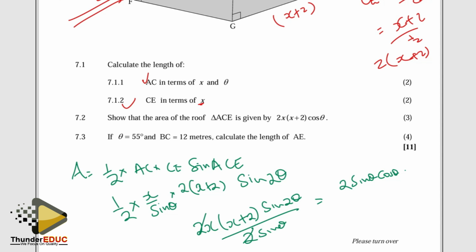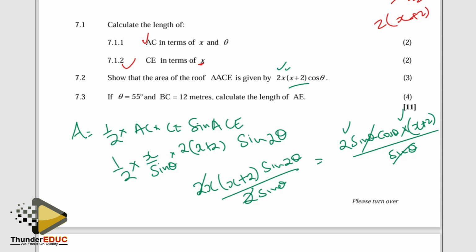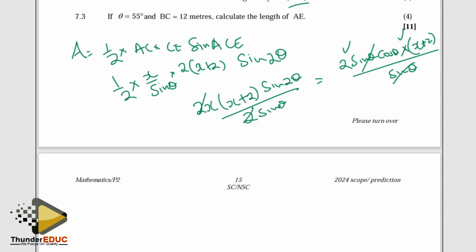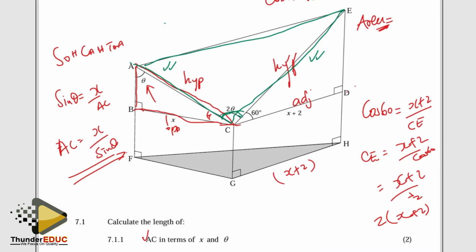I'm multiplying it now with x plus 2 over sine theta. So this sine cancels that. So we have x here as well. Okay, there is a 2, there is a 2, now the x and the x, the bracket, and then the cos. So that is the roof. Then if theta is 55, BC is that, calculate the length of AE.